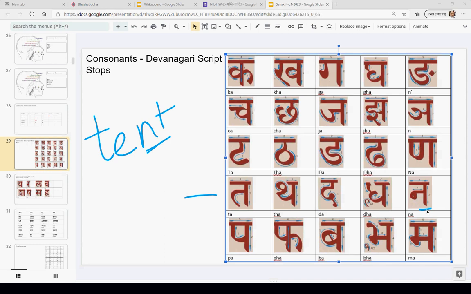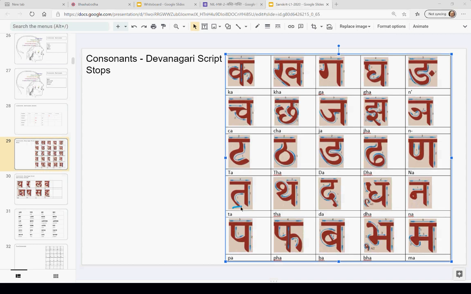Yeah, intent in English. But now in Sanskritam we have anta. Anta means end. Or andha.